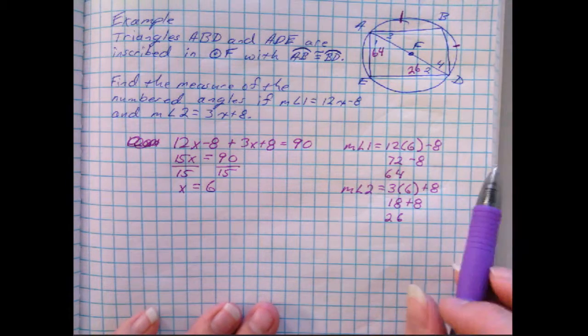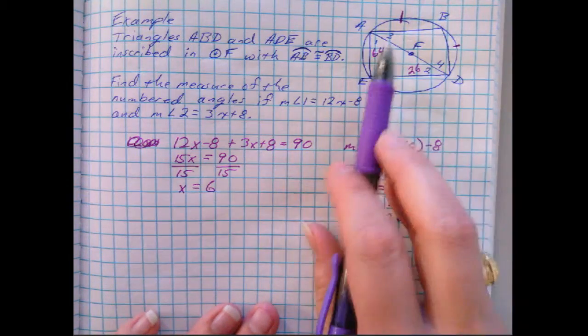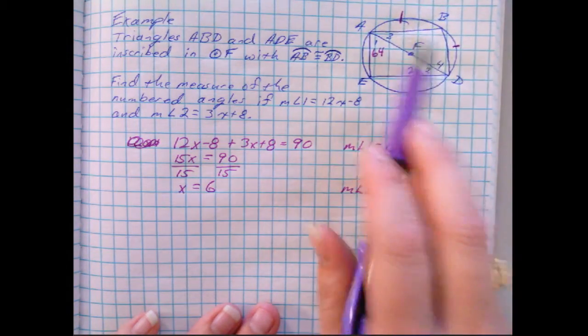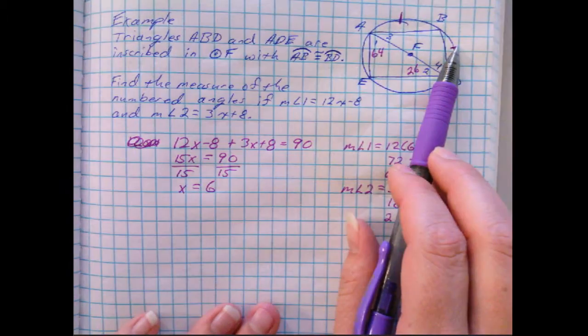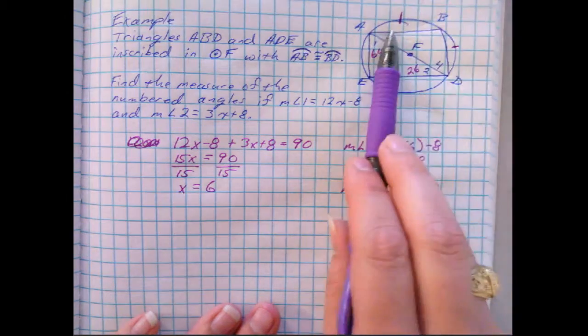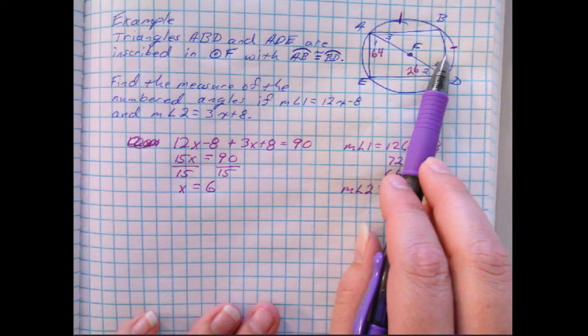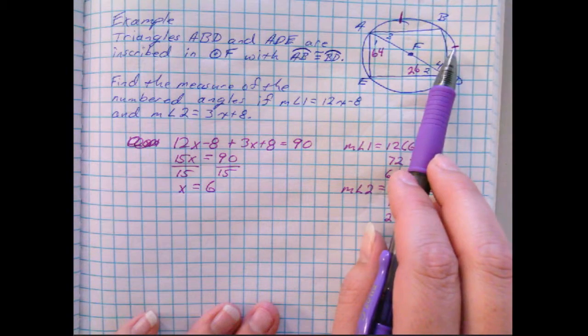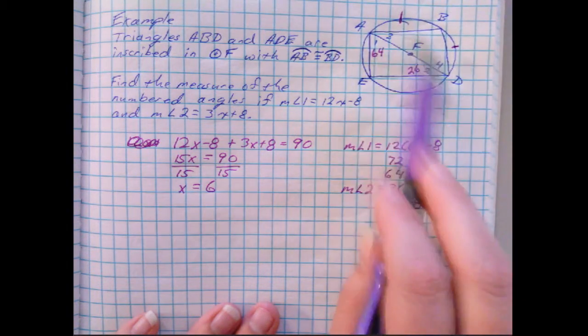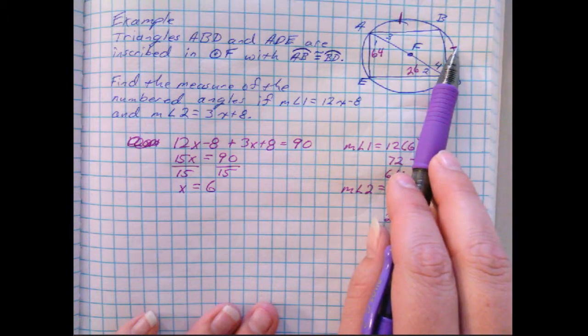Alright, so for this last piece, for angles 3 and 4, it says that the arcs are congruent, so that means our chords also have to be congruent. And so that would mean that our angles are going to have to be congruent as well.